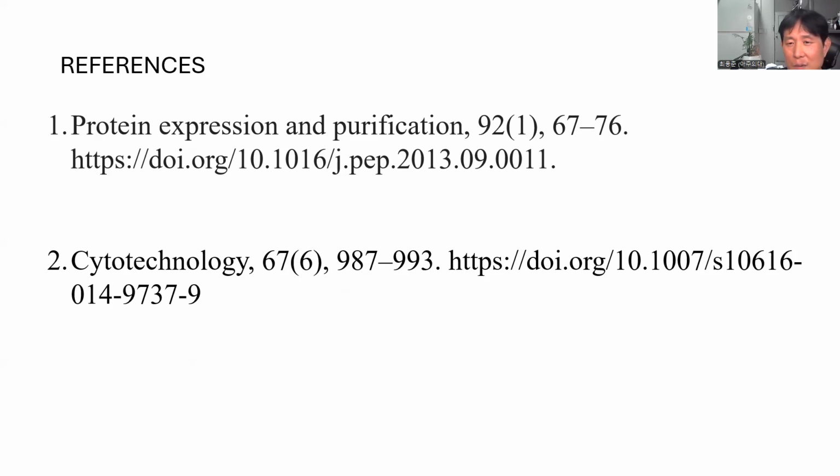Actually, I remember in the case of the CHO cell expression system, when the company uses serum-free media, they recommend some additional nutrition for production of recombinant protein, right? Right.